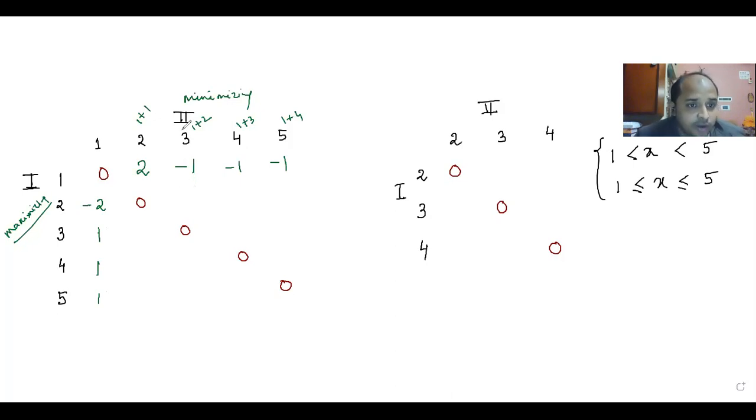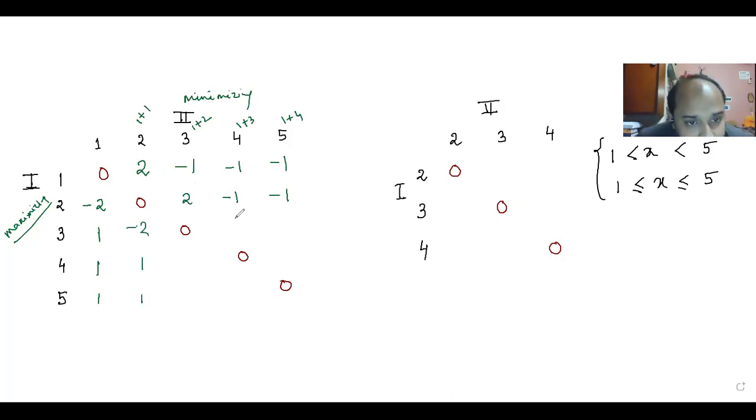In this row, player 2 is becoming 1 plus 1, so he is going to get the value 2. I'm going to put 2 over here, and -1, -1, and here it will be -2, 1, 1.